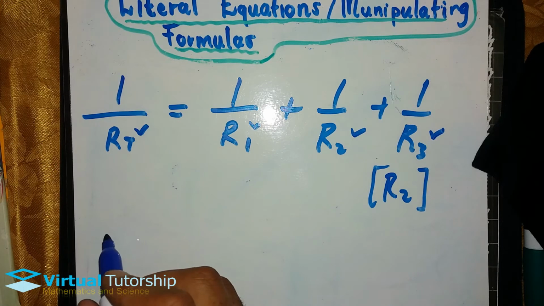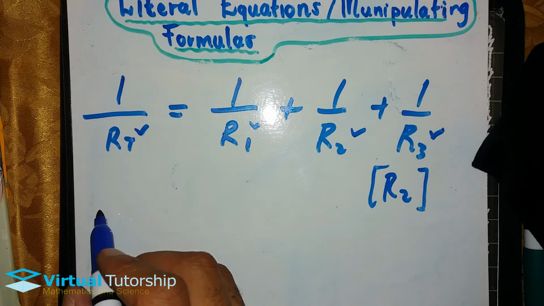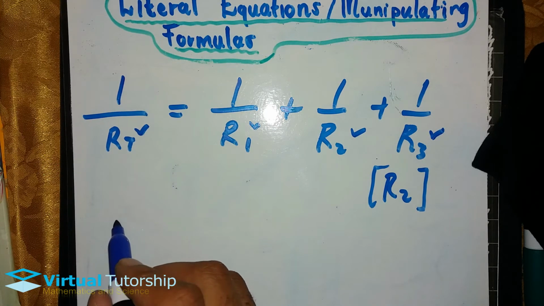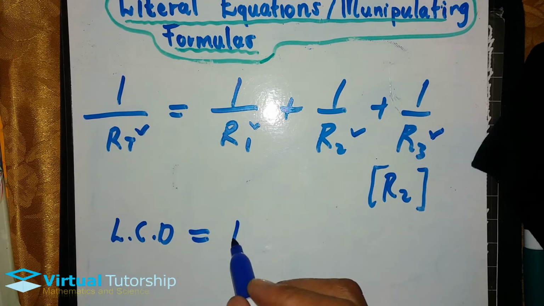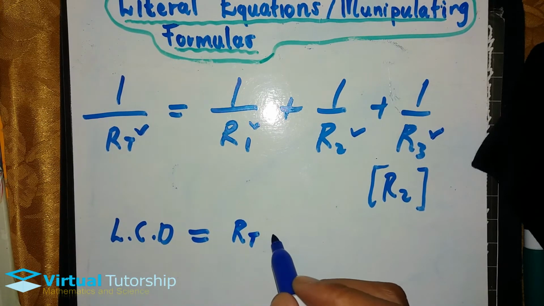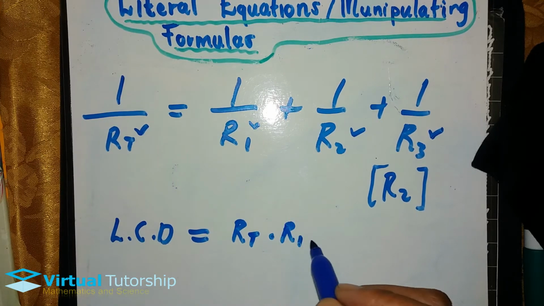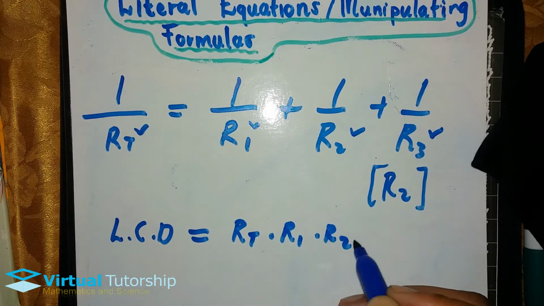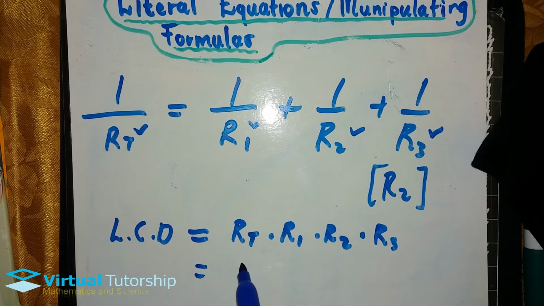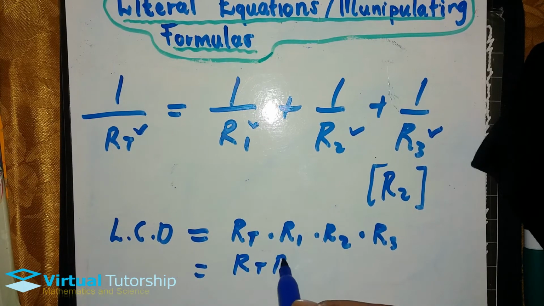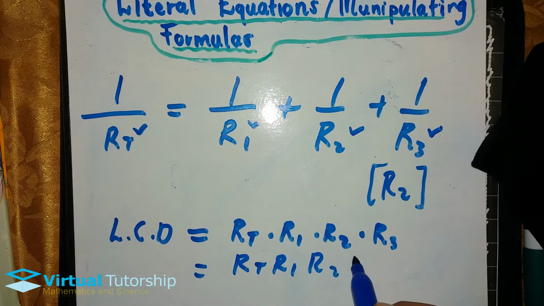So the first thing I will find is what? The LCD, which is equal to RT times R1 times R2 times R3. So RT, R1, R2, R3.